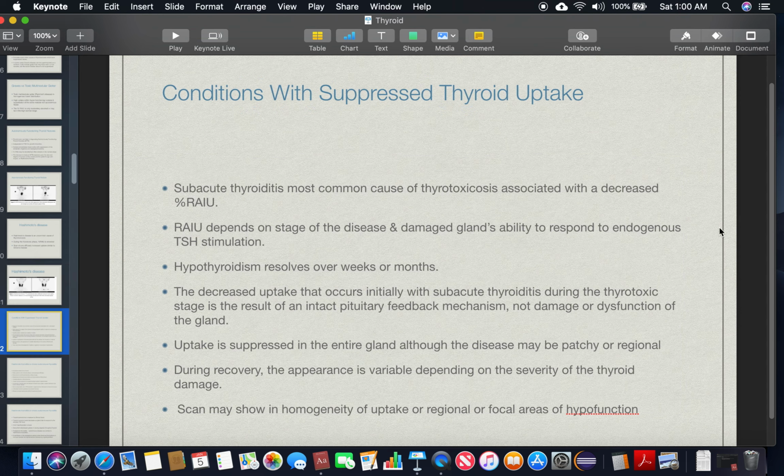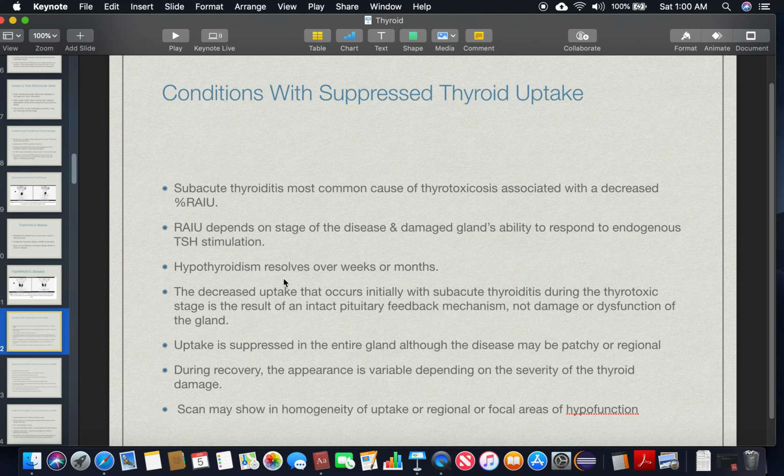All right, now what are the conditions where there is suppressed thyroid uptake? Subacute thyroiditis is the most common cause of thyrotoxicosis with decreased percentage uptake. Also remember that it depends on the stage of the disease and the damaged gland's ability to respond to endogenous TSH stimulation.